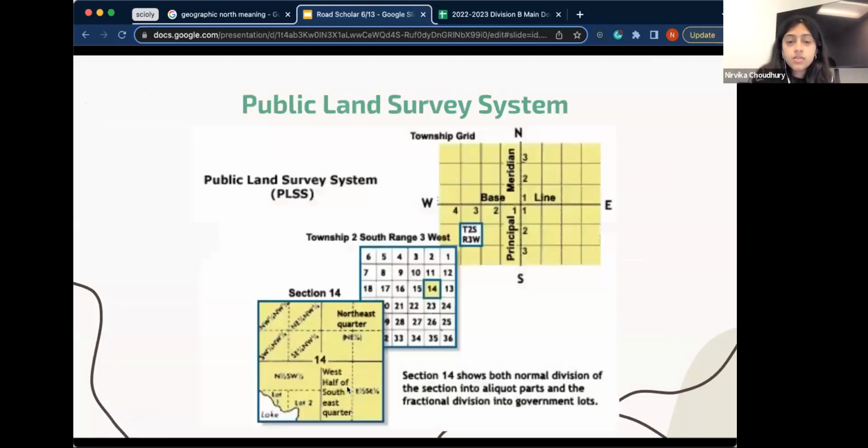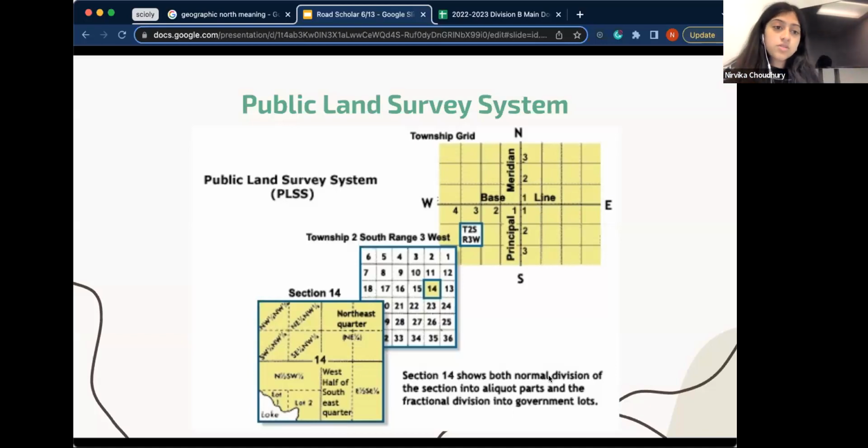Public land survey system is very important when doing student created maps, which we'll cover next. This is just a way of digging deeper into the one area that your map is located in. You'll see here it's 36 sections, and you'll go into one section. For example, they chose 14.